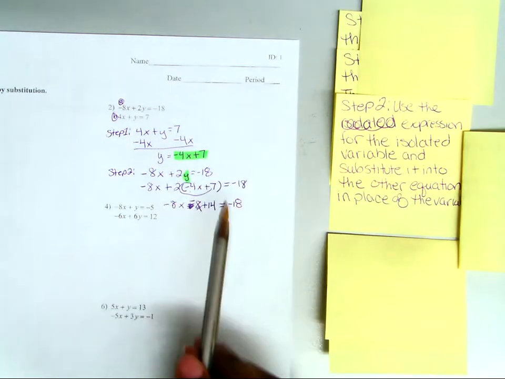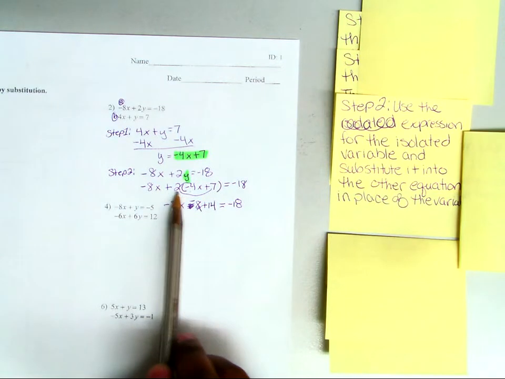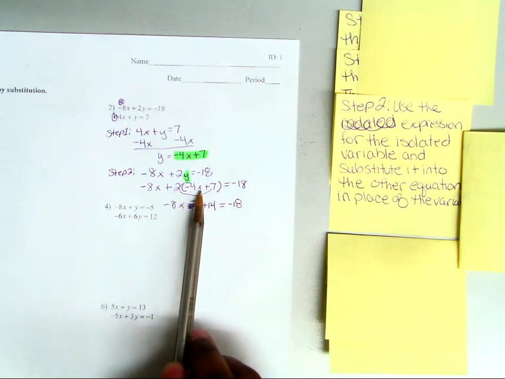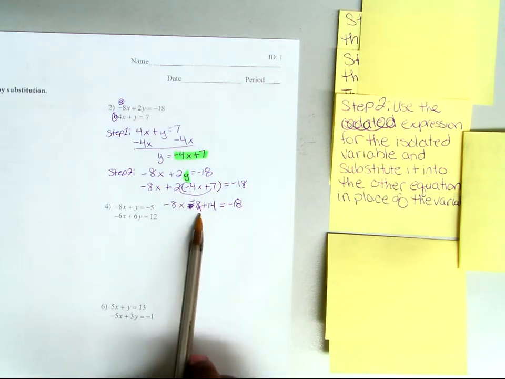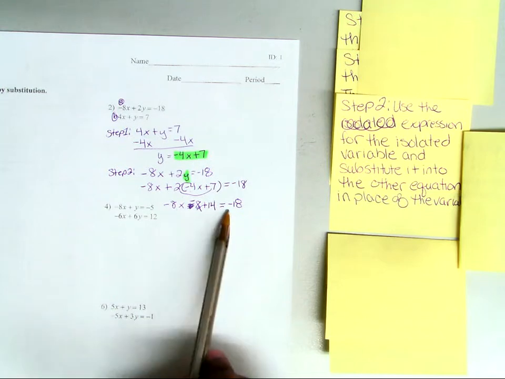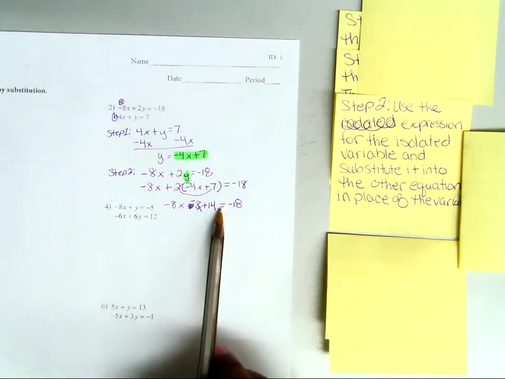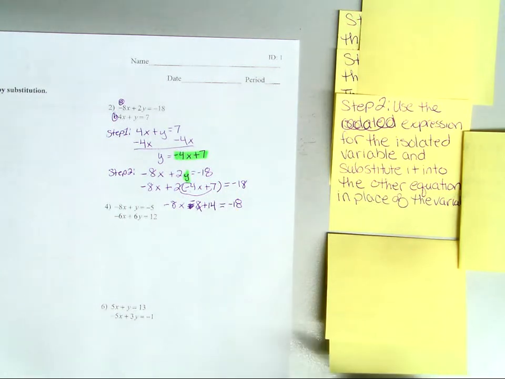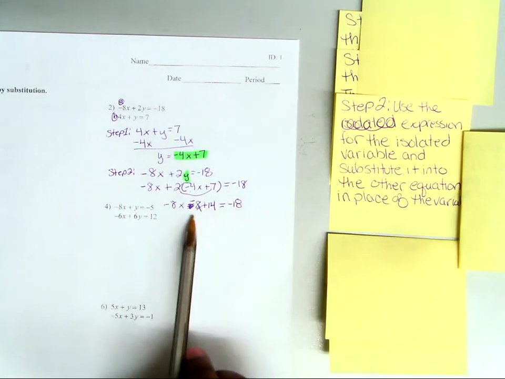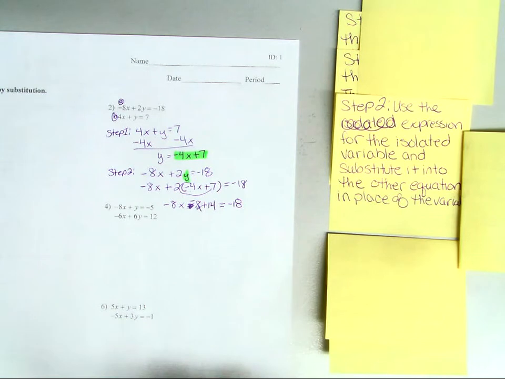I apologize, this is positive 2 times a negative 4x. That's going to give me negative 8x. Positive 2 times a positive 7 is a positive 14. Then I bring everything else down. So all I did right here was distribute. And I apologize that it looks a little crazy.